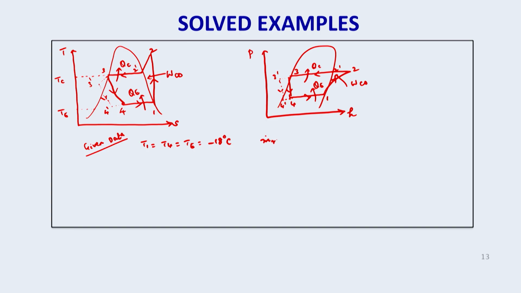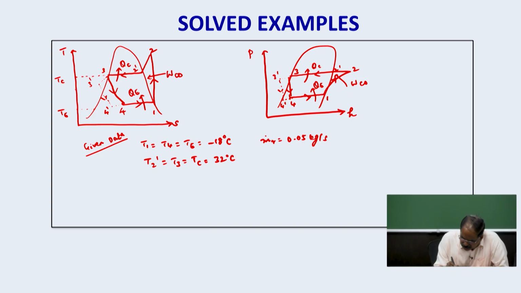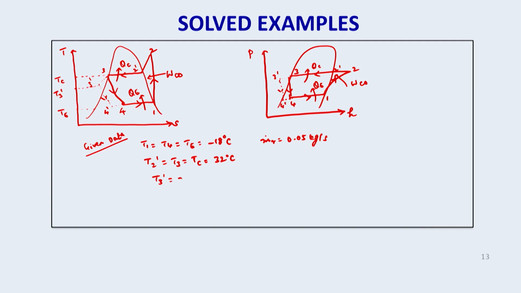Mass flow rate of refrigerant is given as 0.05 kg per second, and T2 dash equal to T3 equal to condenser temperature, which is equal to 32 degrees centigrade. Refrigerant is subcooled from 32 to 26 degrees centigrade. That means this temperature, T3 dash, is 26 degrees centigrade.